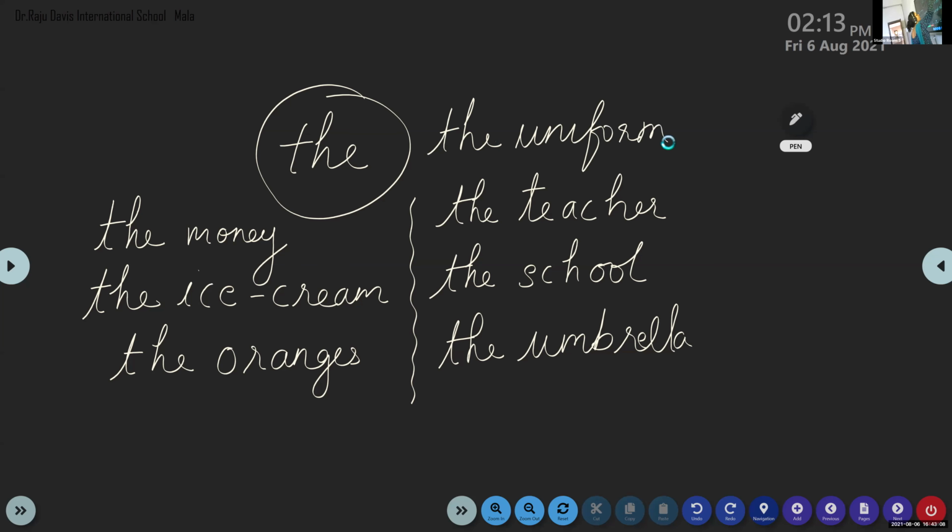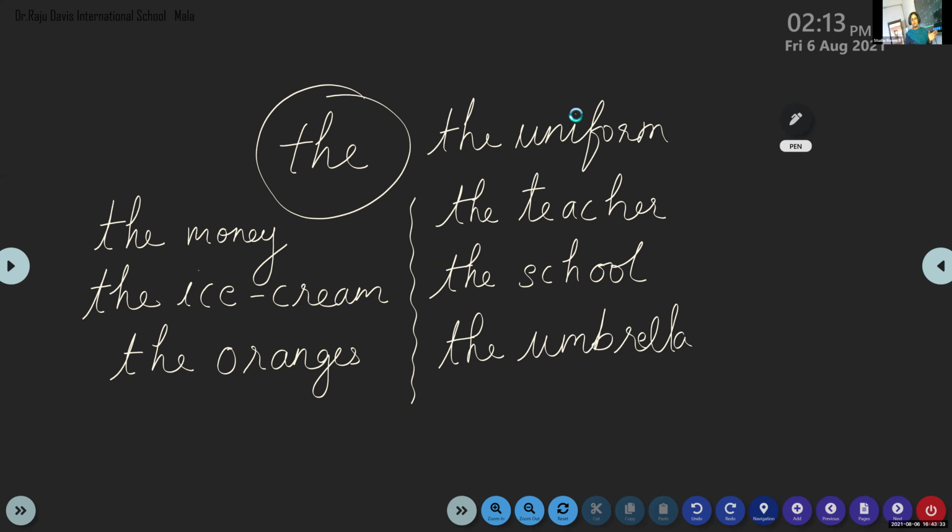Though the letter U is a vowel, we say "thee" umbrella, right? Because umbrella starts with a vowel sound, whereas uniform starts with a U, that is a consonant sound. So look at the difference. The words are starting with exactly the same letter, but the pronunciation of THE before each word is different.